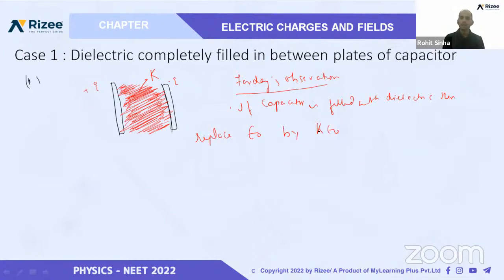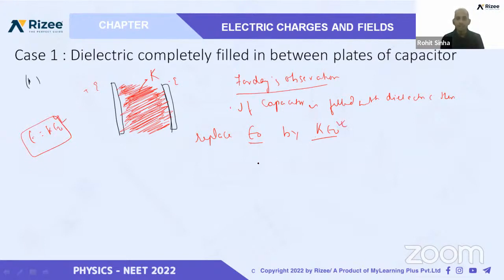You remember Coulomb's law? We wrote the same thing there also, and we called it epsilon, K epsilon, like this. We have written it in our class also. This was the Faraday observation.